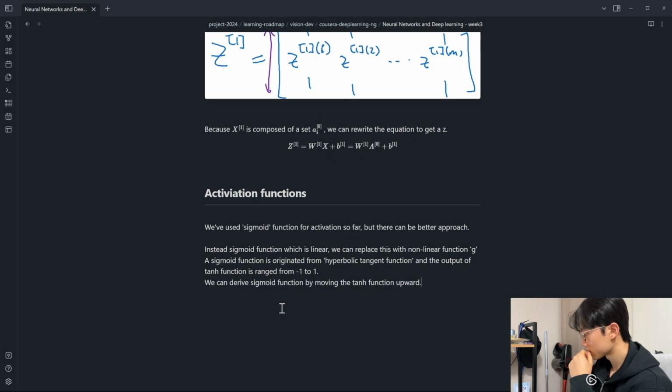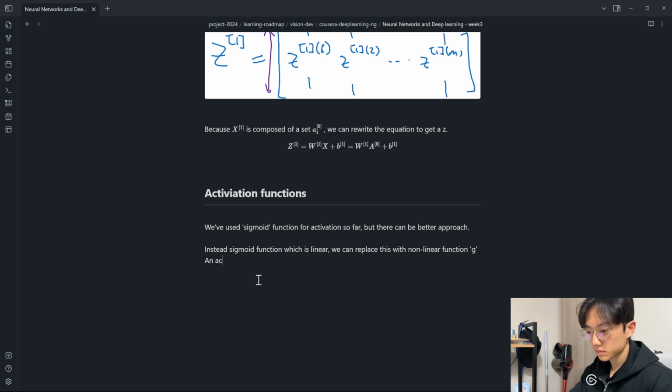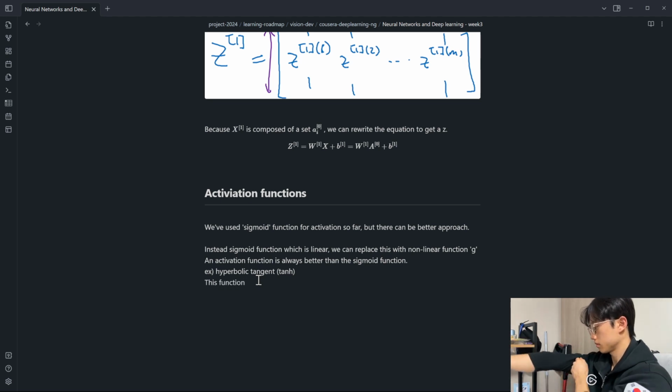An activation function that almost always works better than the sigmoid function is the tanh function, or the hyperbolic tangent function.